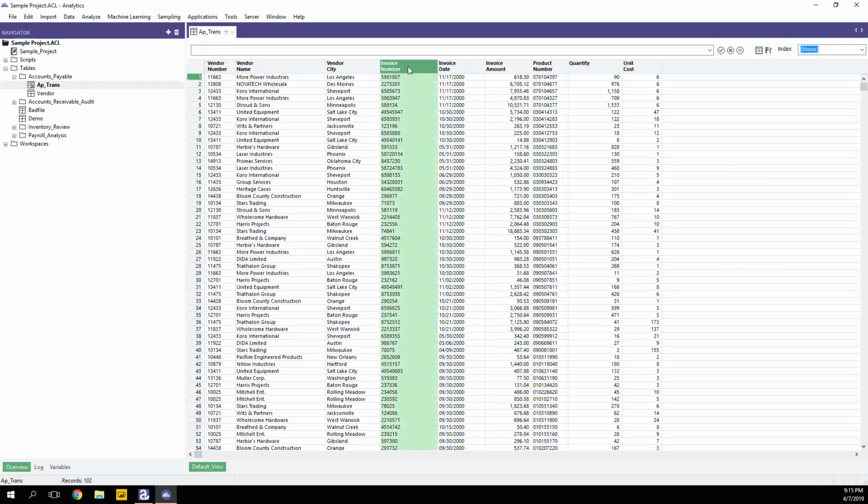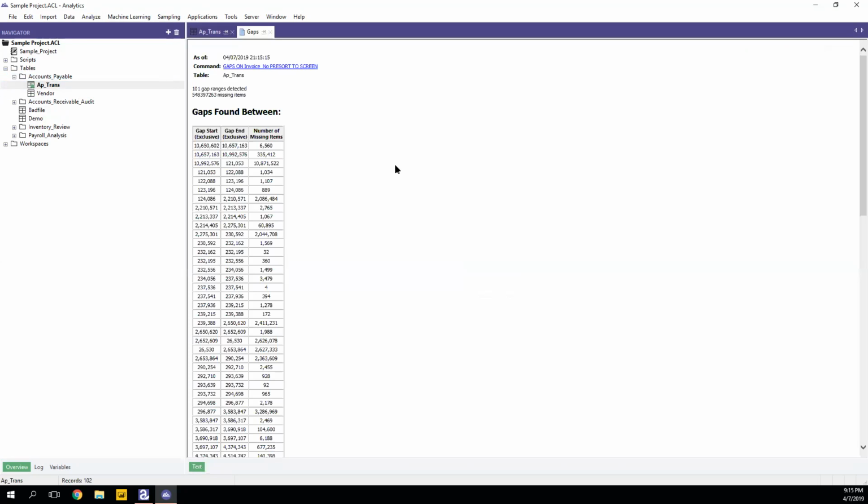If we wanted to identify missing invoice numbers, hey, wow, I've got this really powerful ACL tool. What if I do some analysis and I use the gaps command to tell me if there are any missing invoice numbers? Now, there's an awful lot. Does that mean anything? Well, this is accounts payable, where the vendors send us an invoice.